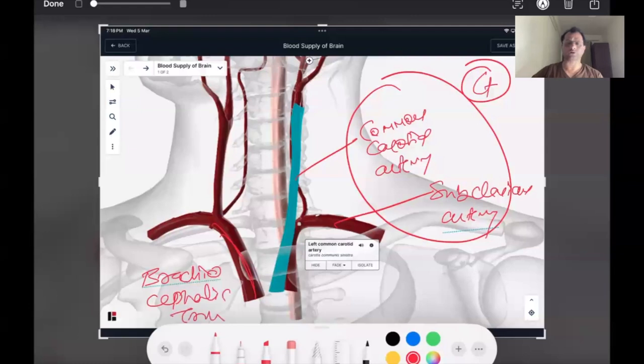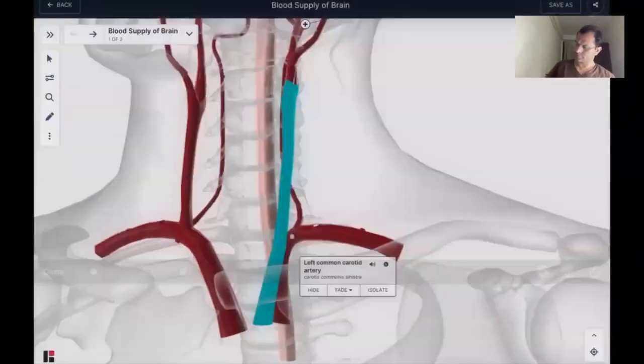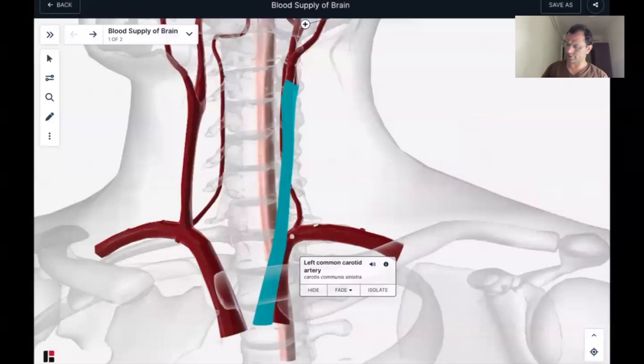Now it will divide into the subclavian artery and common carotid artery, same as here. Yesterday we already discussed this, so you already know that, but I am revising so you will understand.